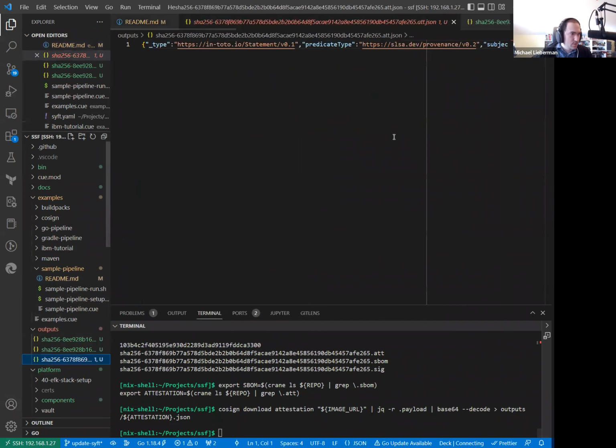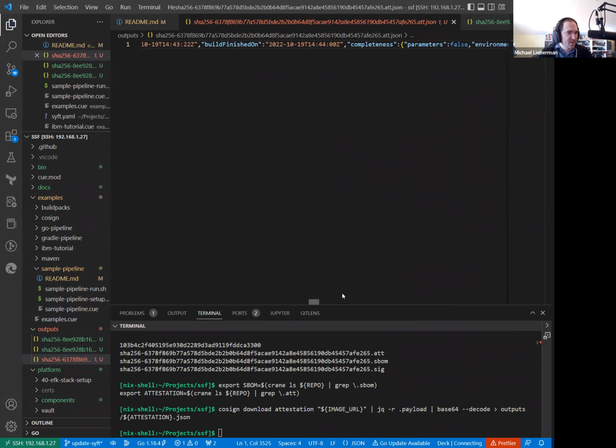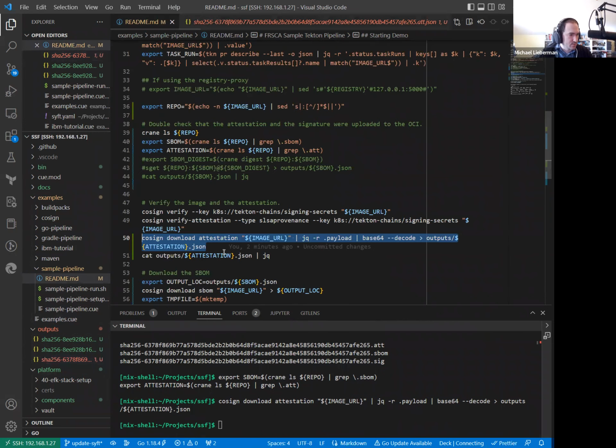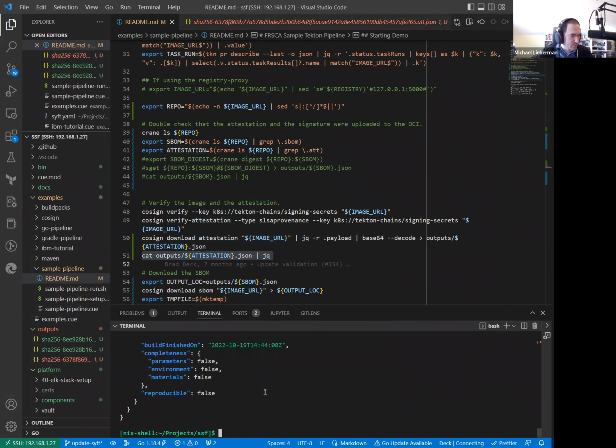Now, one of the things here is if I do format, it doesn't format it. And one of the reasons it doesn't format it is because this is not actually JSON. And if I run it through jq, let me put that into outputs/test.json.